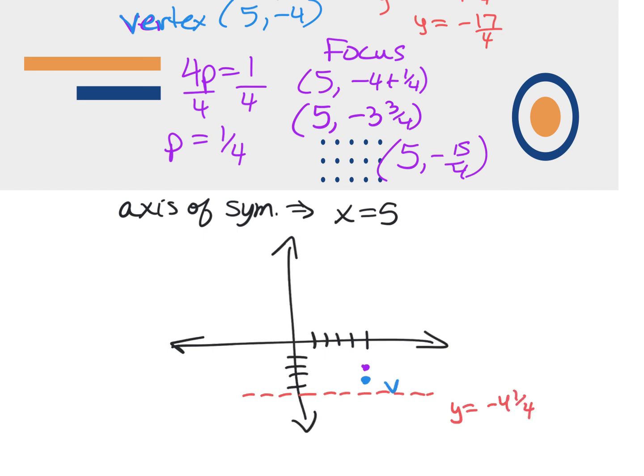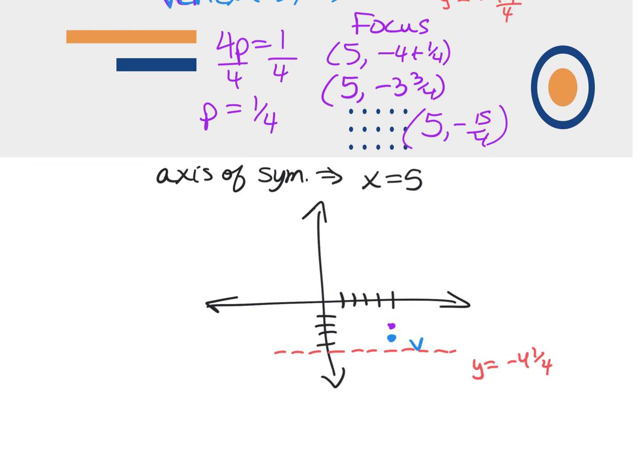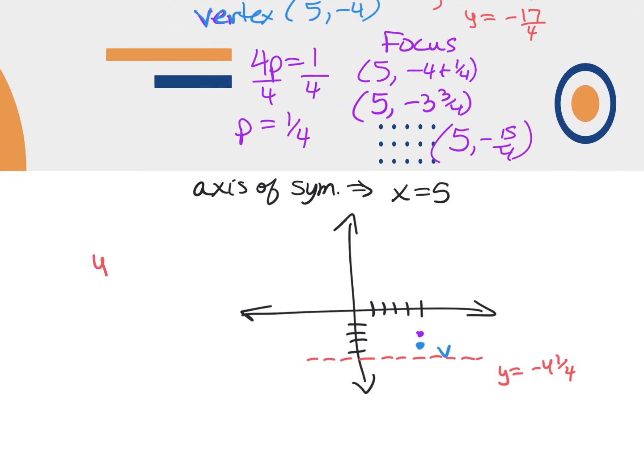What I'm going to do is find, since my center is not at the origin, an additional point. So let me go ahead and find my y-intercept. You could also find an x-intercept, but let me do the y-intercept. I'm going to set x equal to 0. So in my original equation, or you could use your standard form, it doesn't matter.